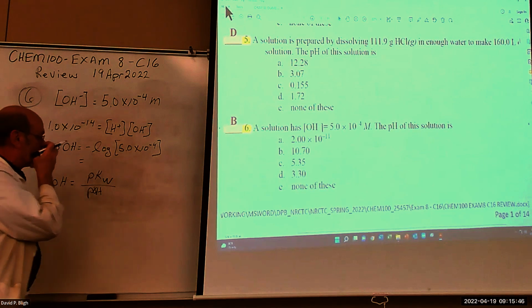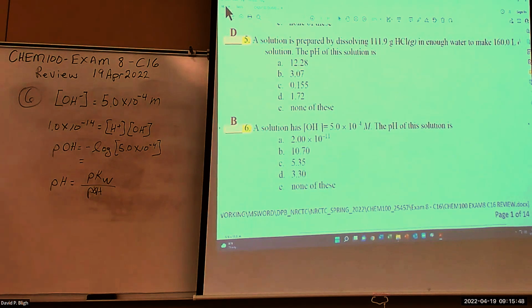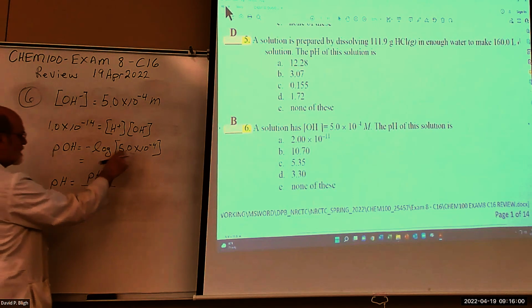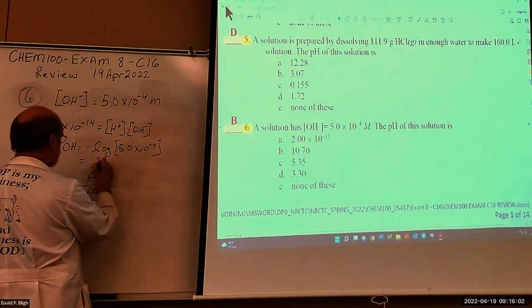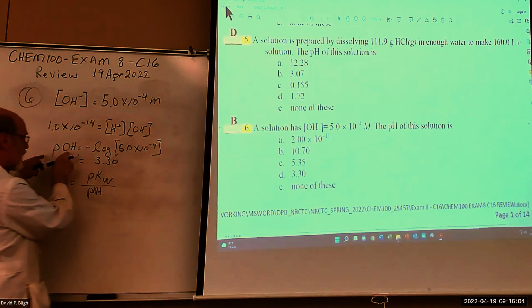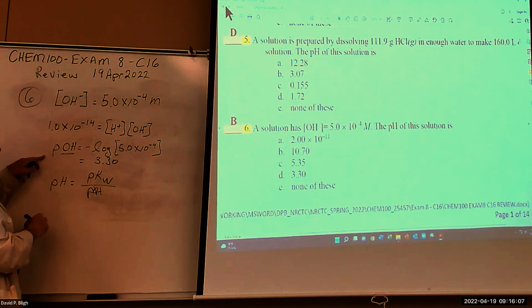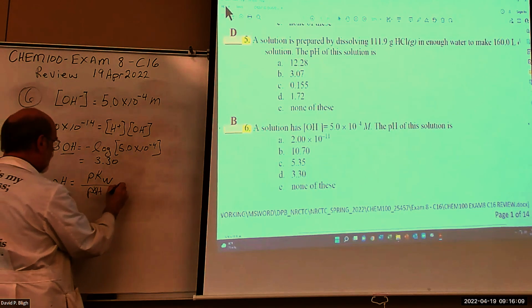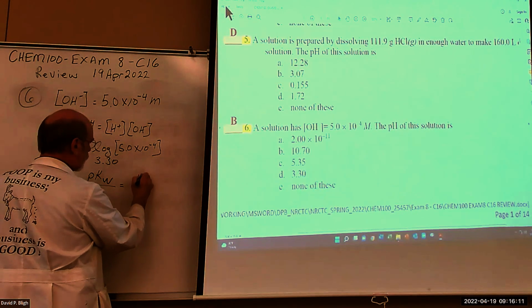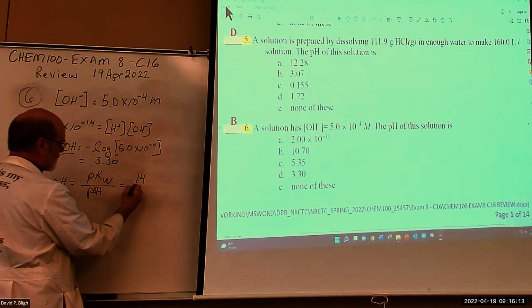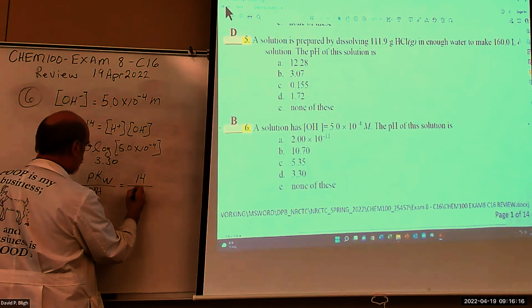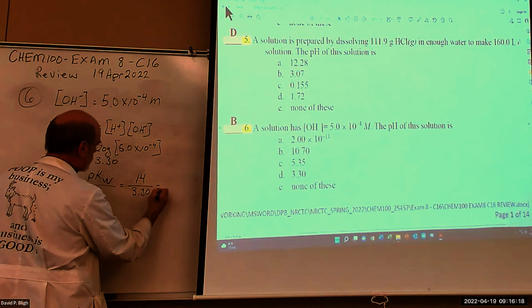So let's see what this value is. 5 times 10 to the minus 4. Let's see, 3.30. 3.30 is the pOH. So that means pH is equal to 14, which is pKw, divided by 3.30.